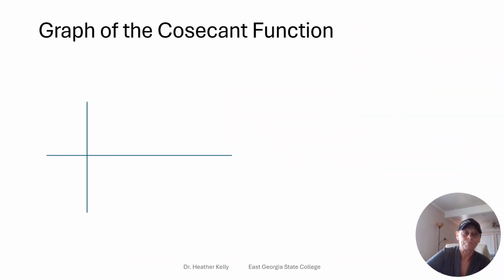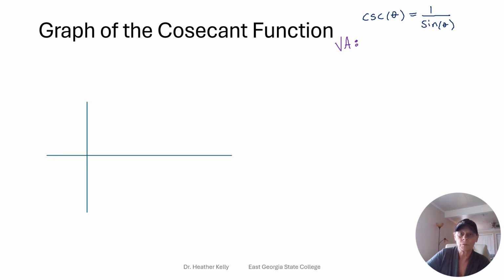Okay, let's look at the cosecant function. By definition, the cosecant of theta is equal to 1 over sine theta. So here we are. We've got a vertical asymptote situation.